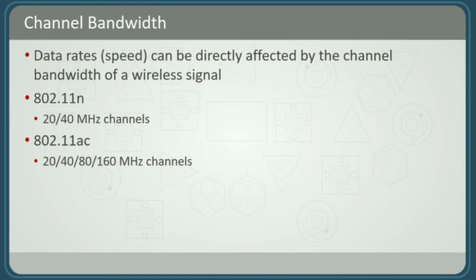Now, we see two examples here, 802.11n using 20 or 40 megahertz channels, and 802.11ac using 20, 40, 80, and 160 megahertz channels. Now, n uses the core frequency of 2.4 gigahertz and AC, the core frequency of 5 gigahertz.